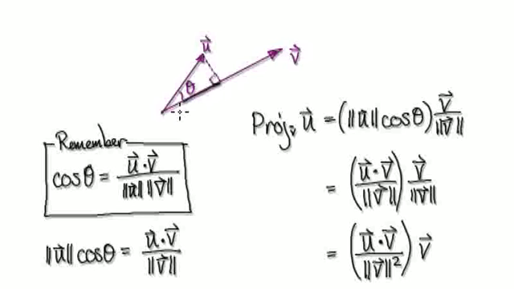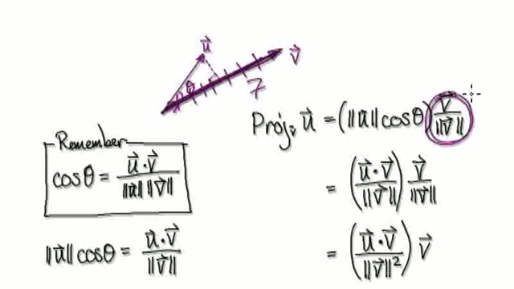Now, because you want to preserve the direction, if you get the vector v and divide it by its magnitude, let's say this vector has a magnitude of 7, then if you divide it by 7, you get a unit vector.